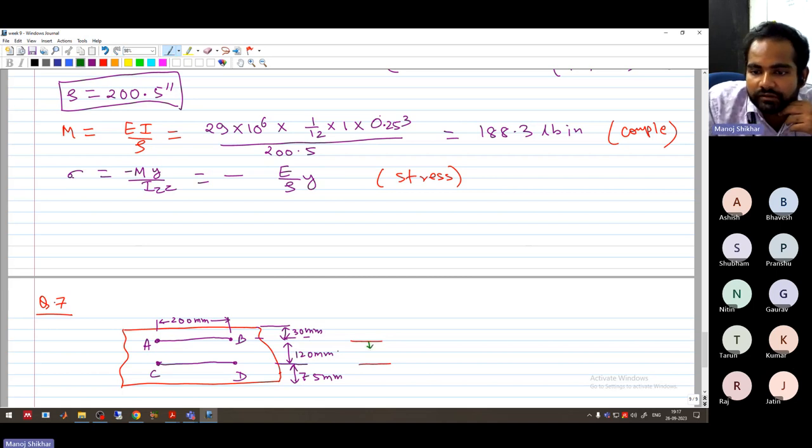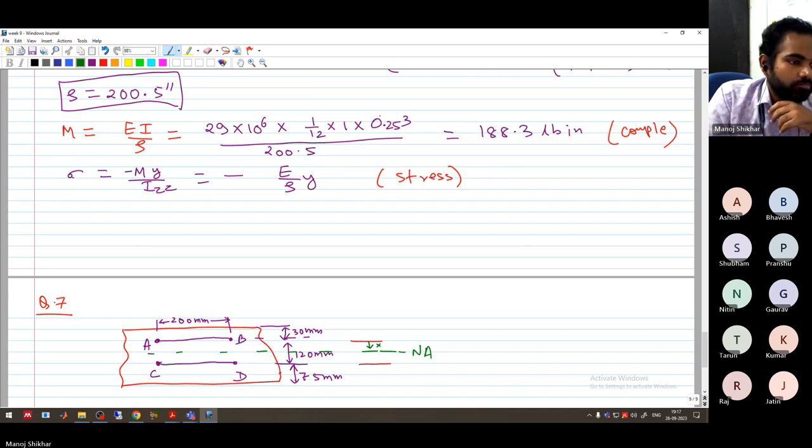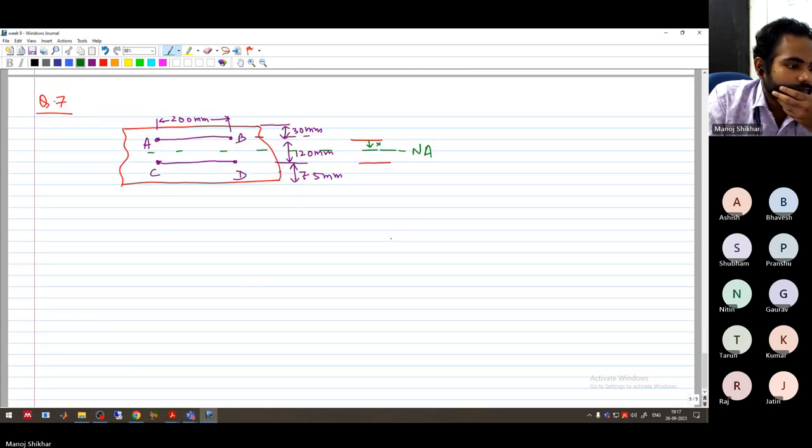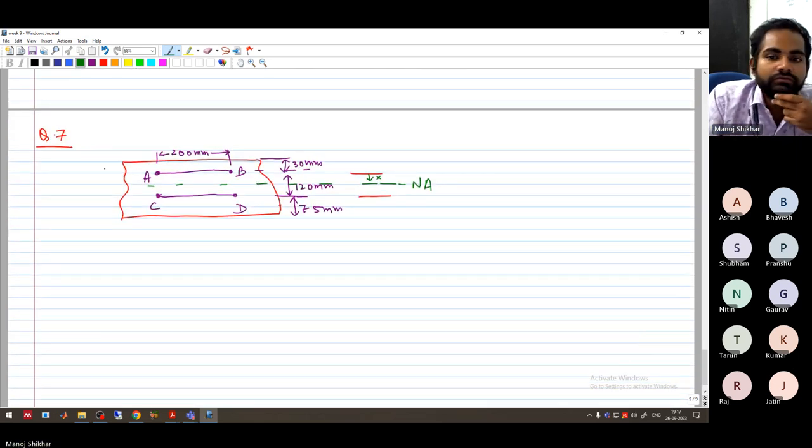Let us assume that at some distance our neutral axis lies. So this is our neutral axis. We know that the strain will be continuous.